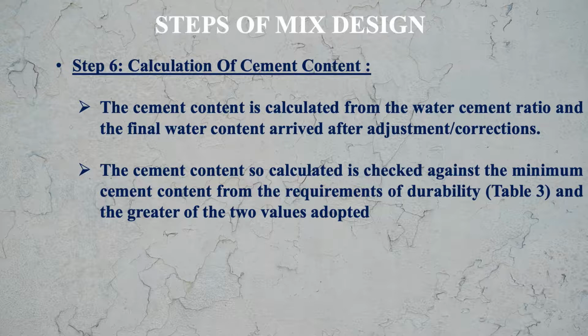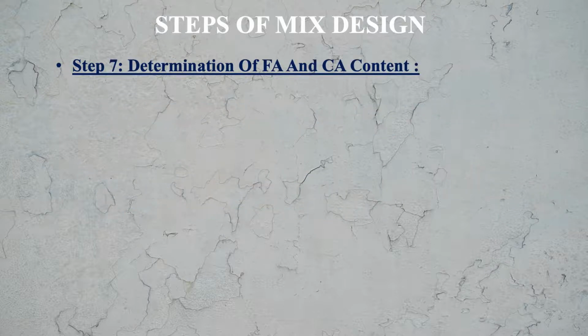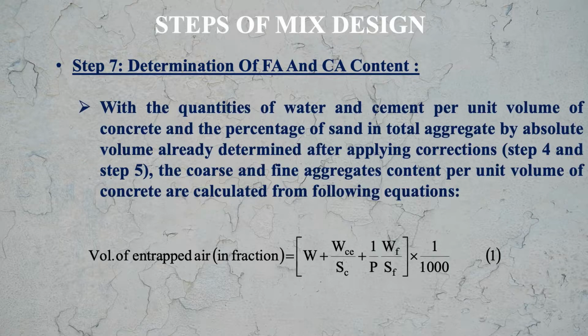Now let's move to the next step, which is step 7. In this step what we do, we determine the fine aggregate and the coarse aggregate content. So with the quantities of water and cement per unit volume of concrete and the percentage of sand in total aggregate by absolute volume already determined after applying corrections, that is in step 4 and step 5, the coarse and fine aggregates content per unit volume of concrete are calculated from these equations as you see here.